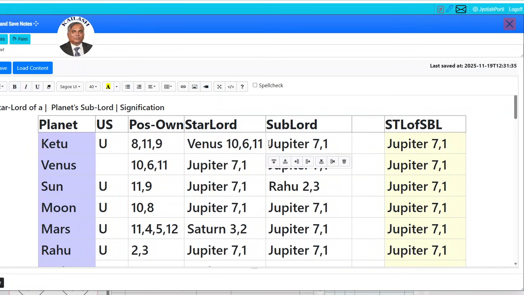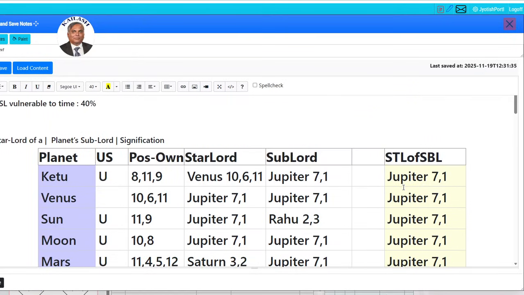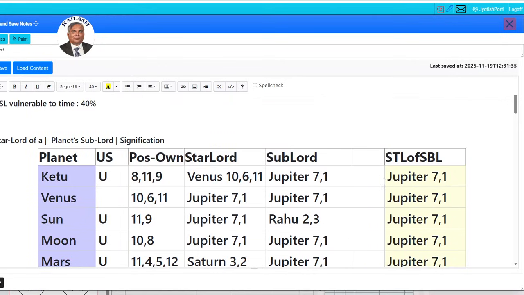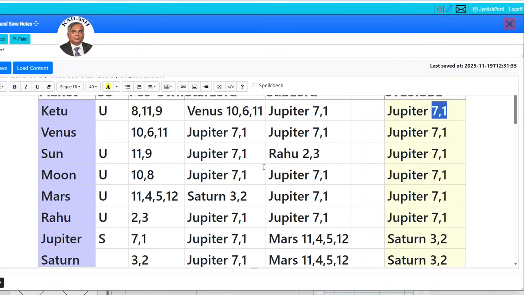It is Jupiter. And what is Jupiter's star lord? It is Jupiter again. So all you do is look at the star lord of the sublord and put those numbers over here.